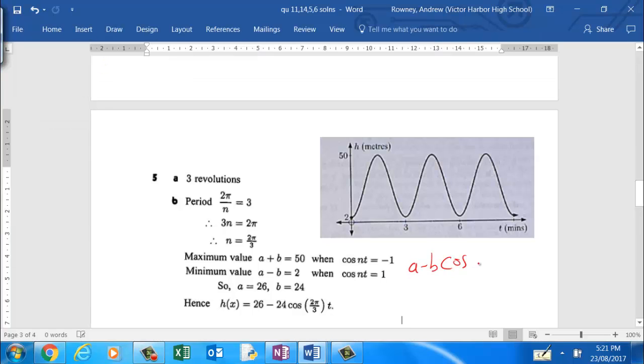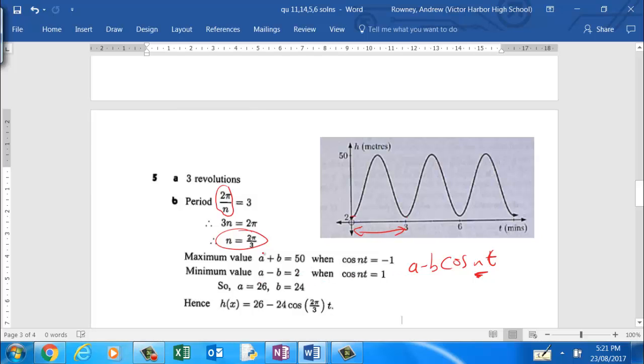That's the function. So the period is 2 pi on B, and the B is the n, so it's 2 pi on n. And the period we know is 3, because there's one period from a trough to a trough. So we can rearrange that and we got the value for n.